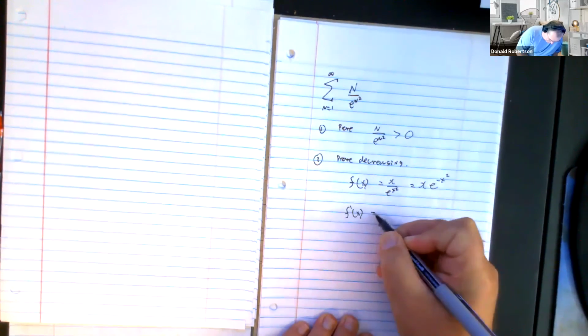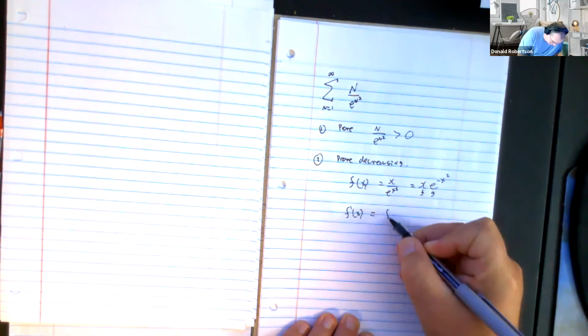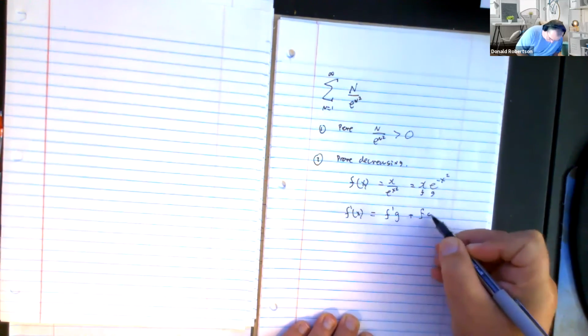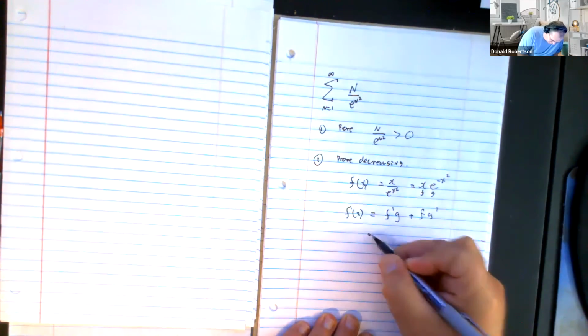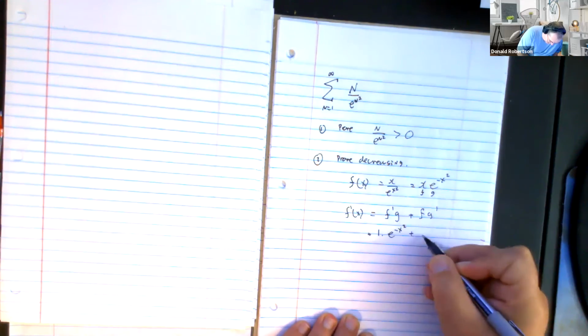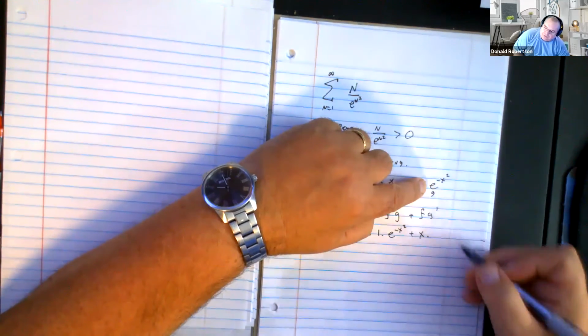Now, according to calculus, you make this one f and this one g, and the product rule is f dash g plus f of g dash. So in this case, it's 1 times, leave that guy alone, plus x times the derivative of this fella, e to the negative x squared, which is in fact a chain rule.